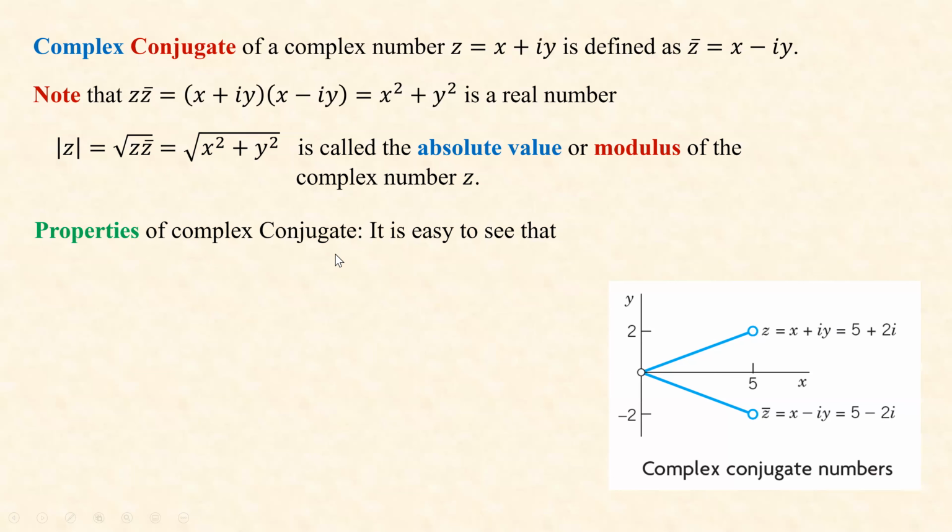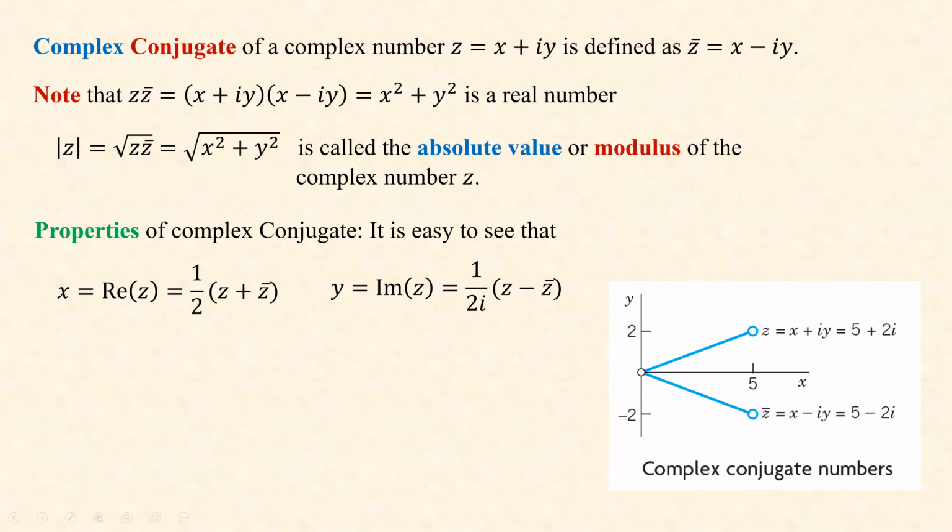Complex conjugate has these properties, and it is very easy to show that if you want the real part of z, you can add z to z bar. If you add z and z bar, the imaginary parts cancel each other, and you get twice the real part. And if you divide by 2, you get the real part.